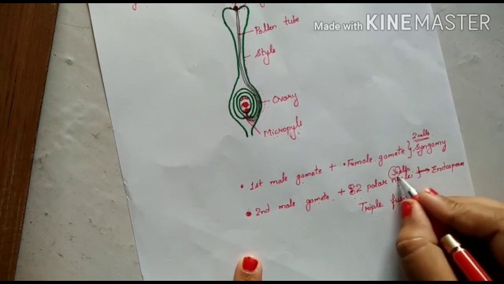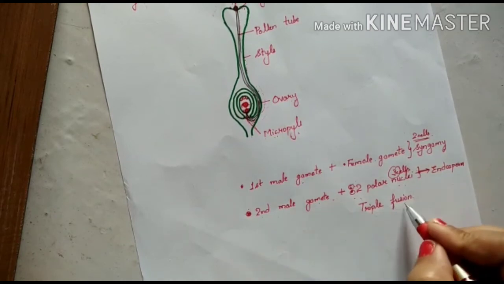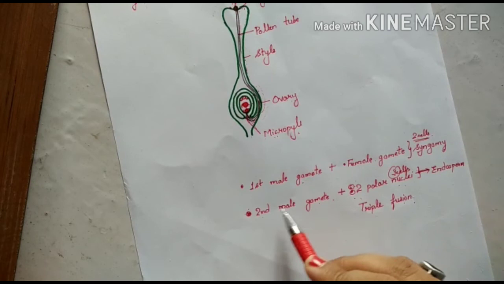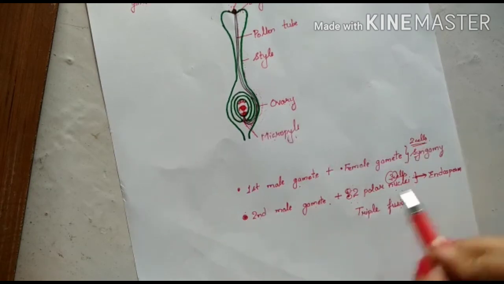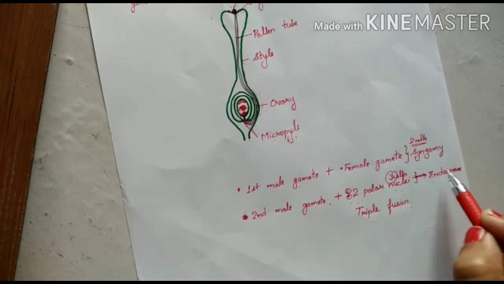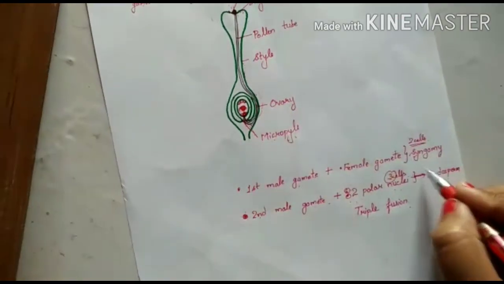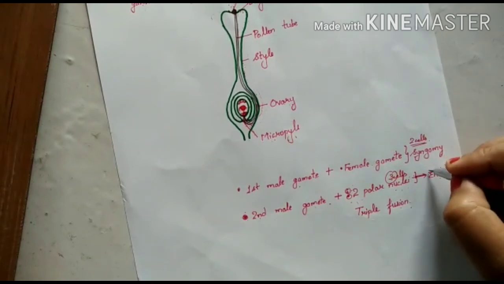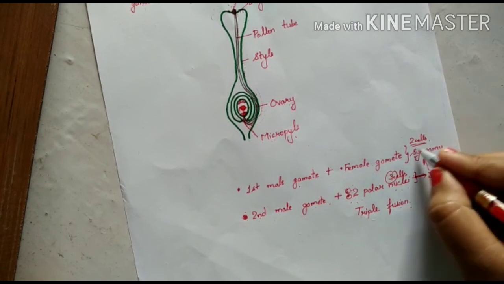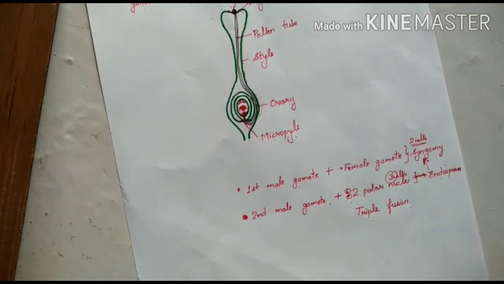So 3 means triple, so it is known as triple fusion. The second male gamete and 2 polar nuclei form endosperm, and this endosperm gives nourishment to this embryo plant, which develops in the process of syngamy.